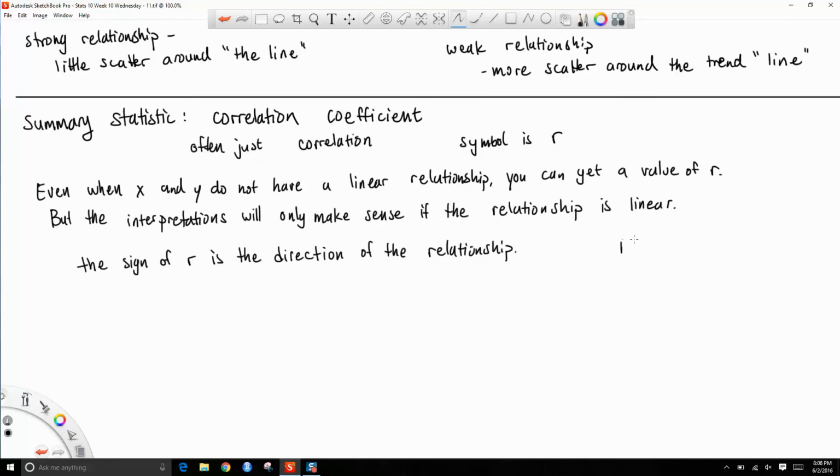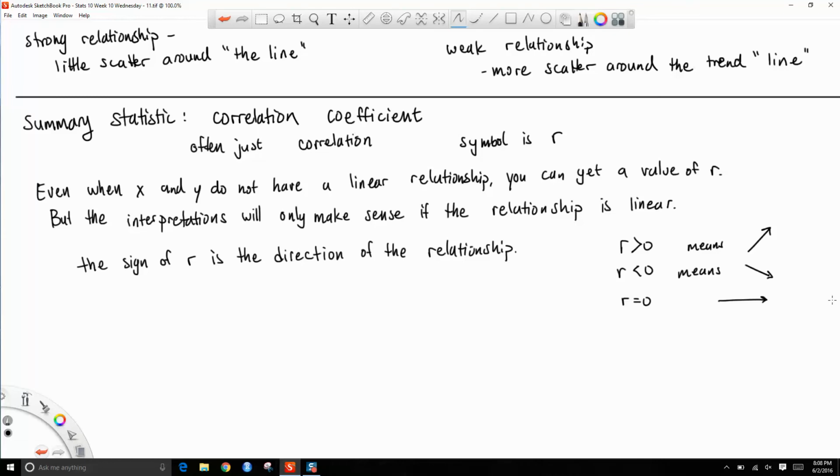Okay, so R greater than 0 means something like that. R less than 0 means something like that. What do you think R equals 0 would mean? Yes, R equals 0 would be flat, something like that.